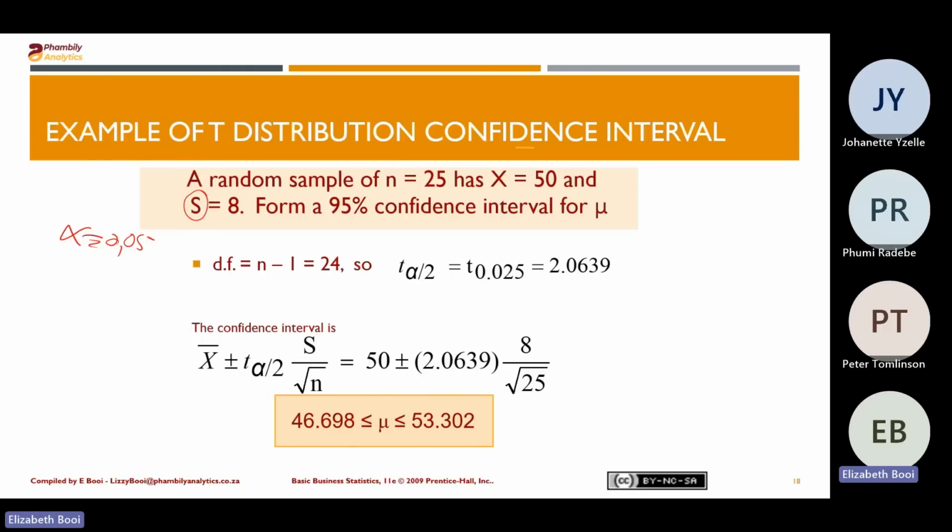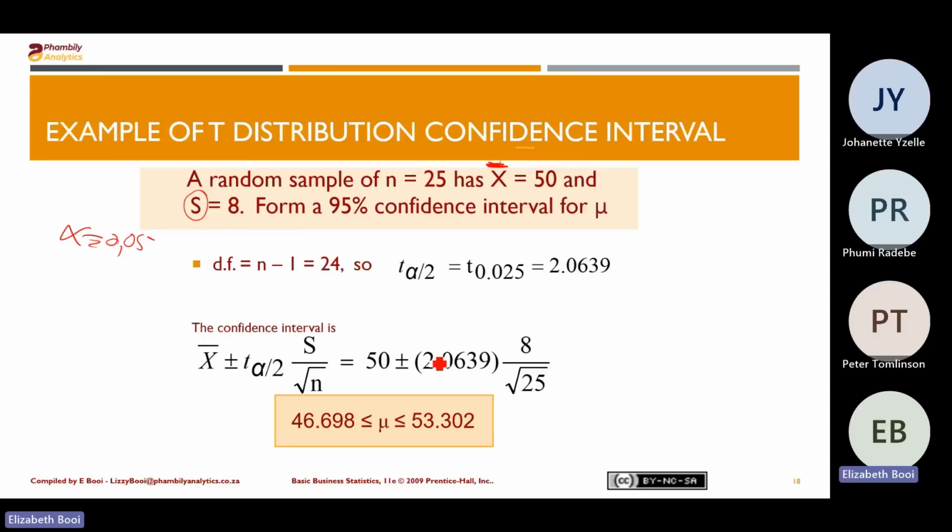S is your sample standard deviation. Substitute our, there should be an X bar there. Our X bar is 50 plus or minus our critical value of 2,0639 times our sample standard deviation of 8 divided by the square root of 25.